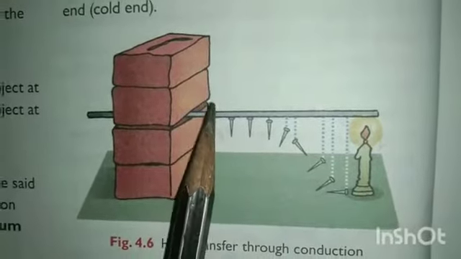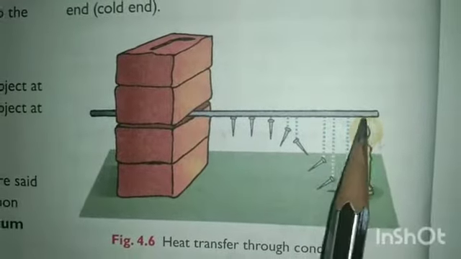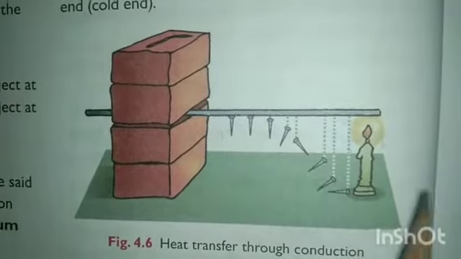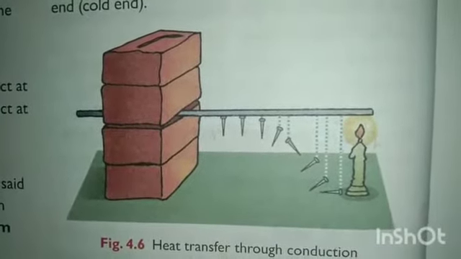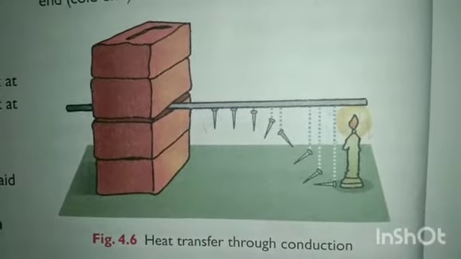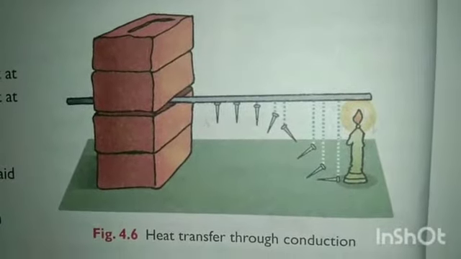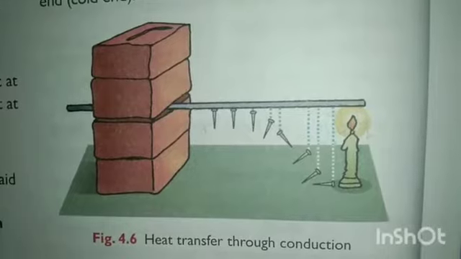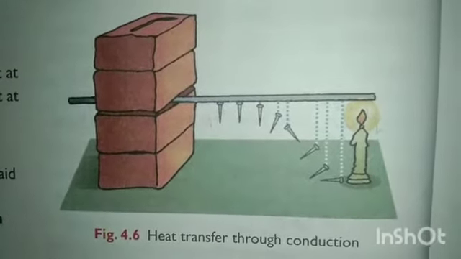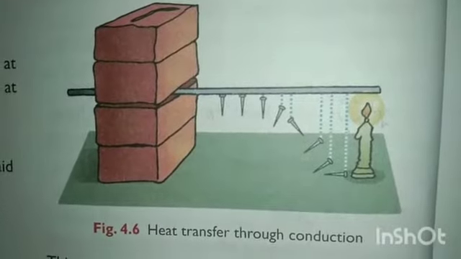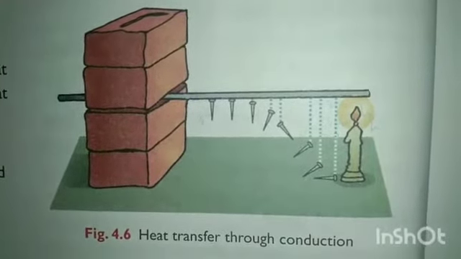Here it is a cooler end and here it is hot. So from here to here the heat is transferred. In this case, heat is transferred from the hotter object to the colder object.